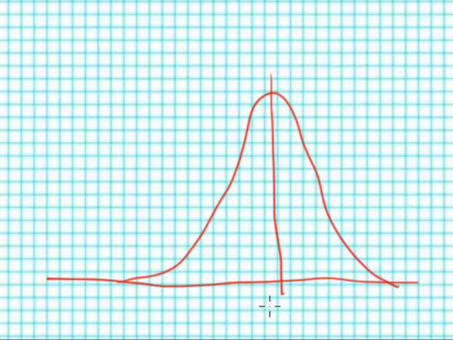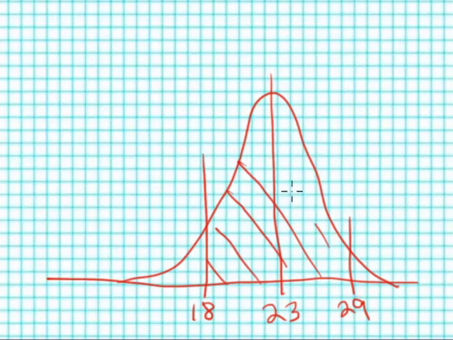Here's our distribution with approximately 23 as our average, and we're asking about people that are between the ages of 18 and 29, and that probability will be equal to this area of the graph.